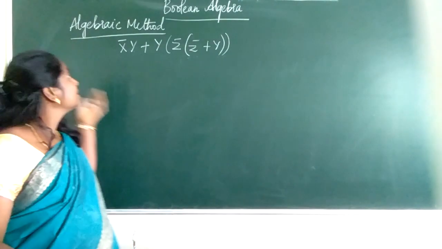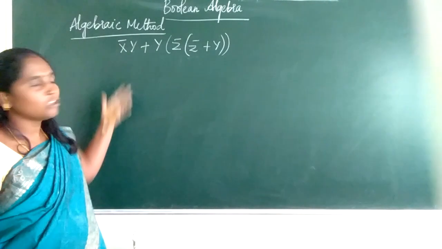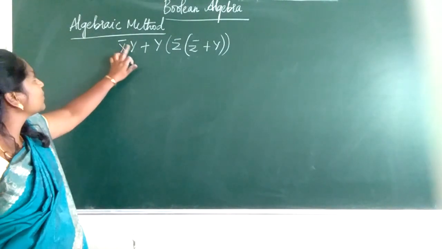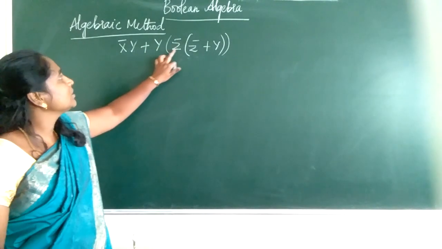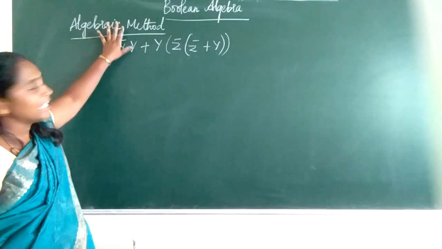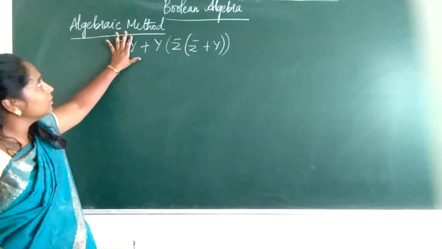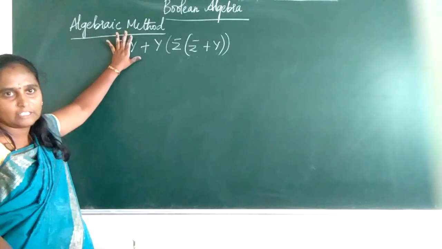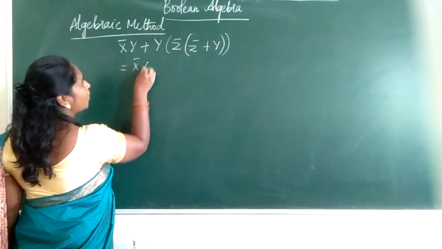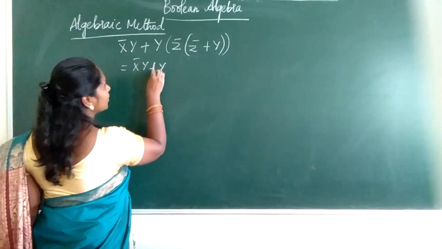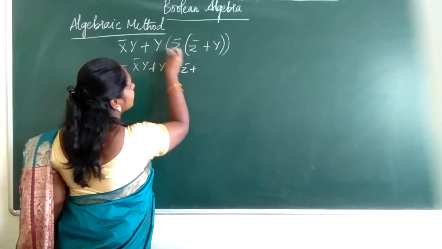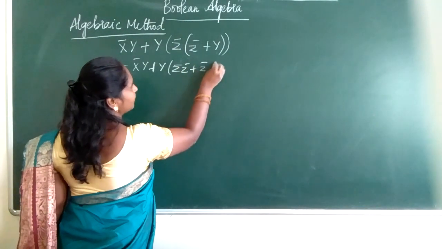Okay, student, we have seen the algebraic method and what all the rules are. Now they have given an expression: x bar y plus y into z bar plus y. Using the algebraic method, you have to convert the expression into POS or max term. So take the expression x bar y plus y, multiply this by z bar plus z bar into y.